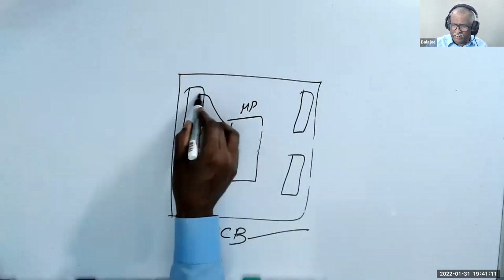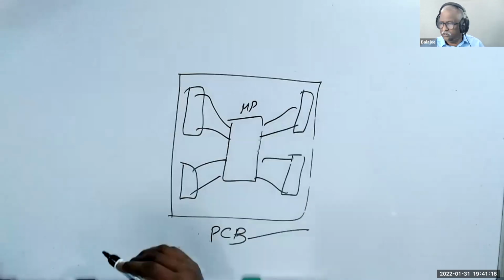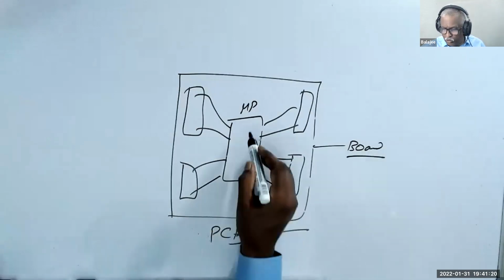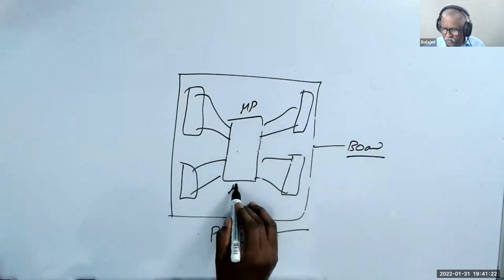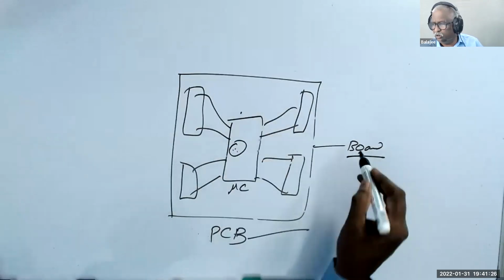They make the connections and give it to you. These are called boards. This is the microcontroller, which has a microprocessor inside. This is called a microcontroller board.